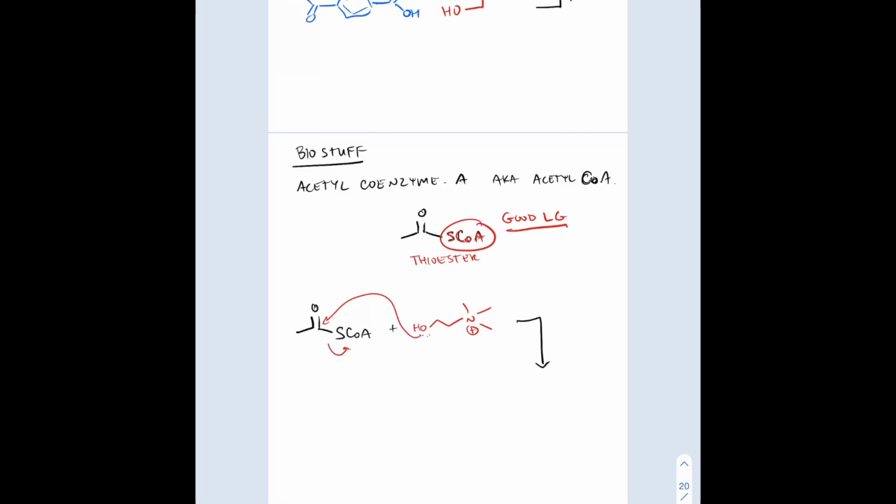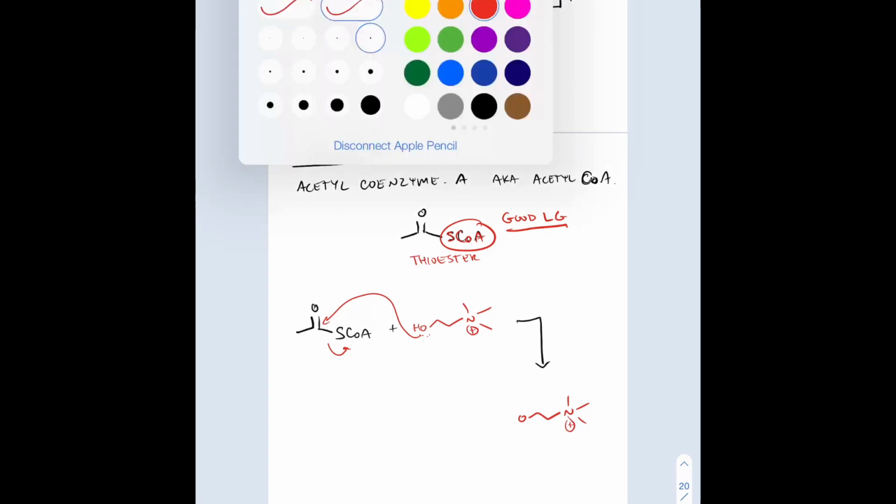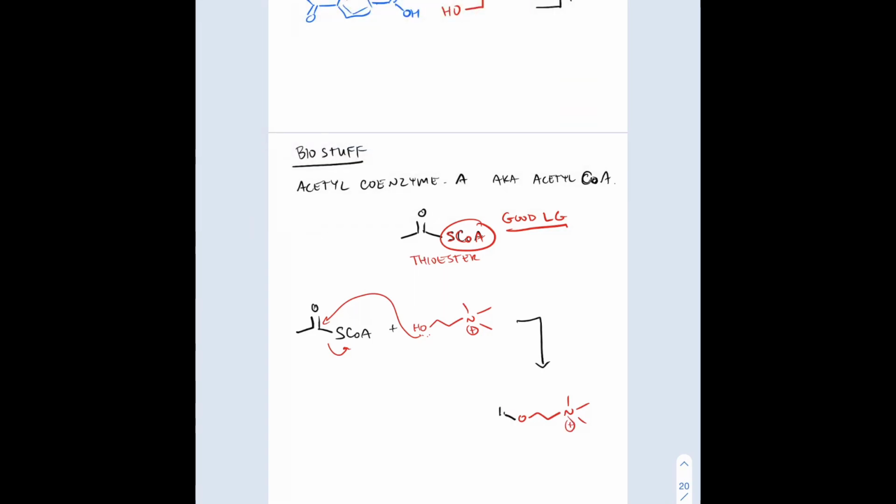And so in the presence of a nucleophile, we can attack the carbonyl and essentially kick out that SCoA and create this new compound. It's an ester, and it is acetylcholine. This is a neurotransmitter.